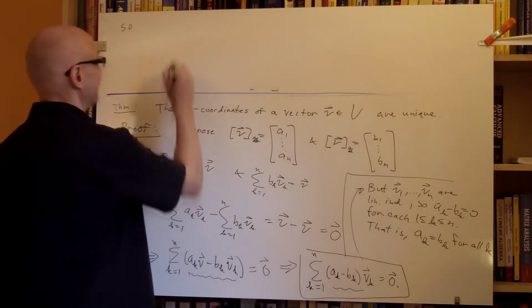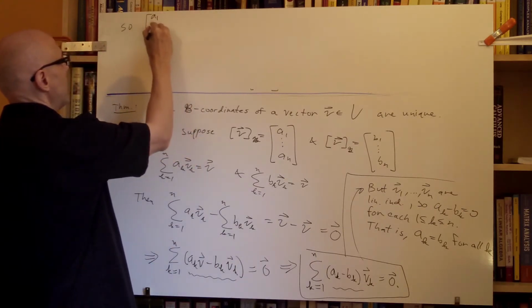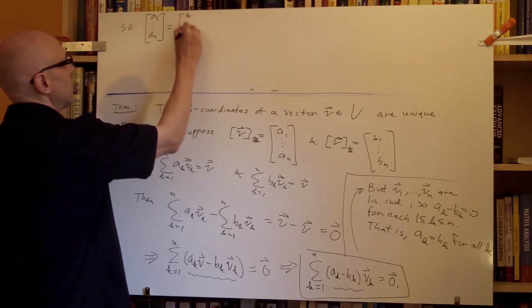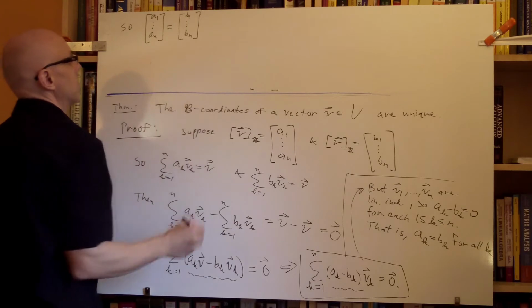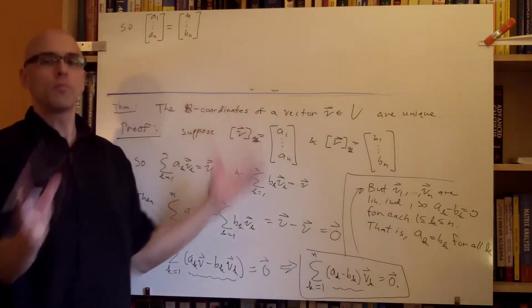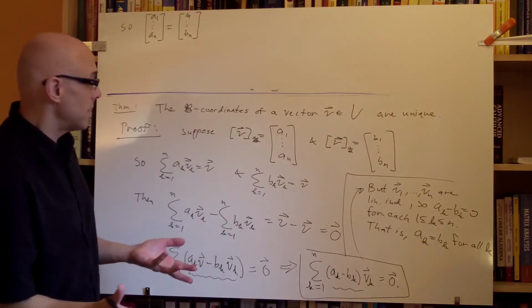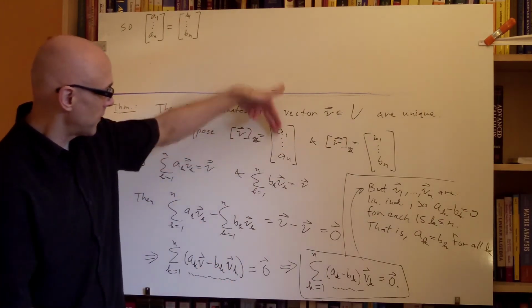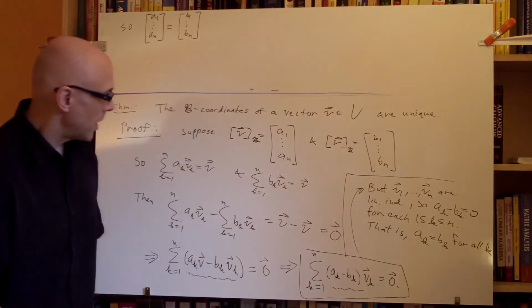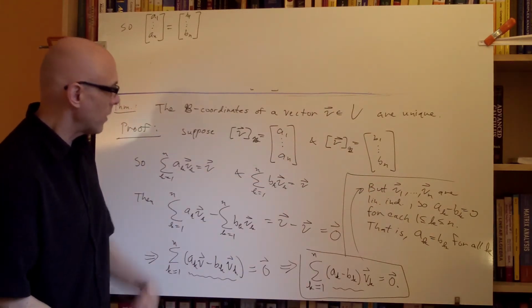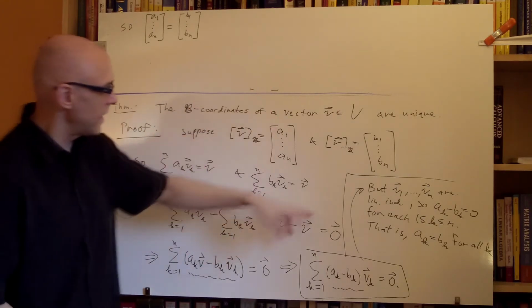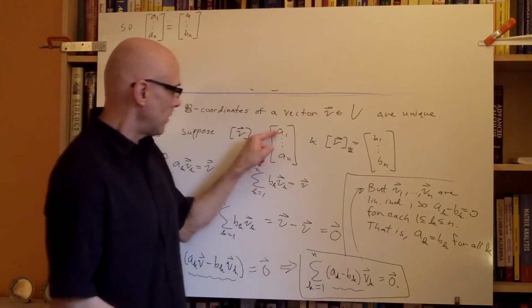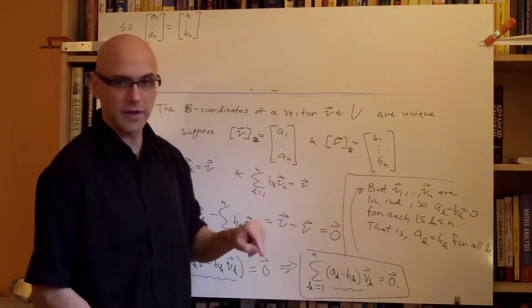So, a1 to an is equal to b1 to bn. So, if you posit that a vector in your vector space has two different sets of B coordinates, say these B coordinates a1 to an and these B coordinates b1 to bn, you find in fact that all of these values here are equal to those values over there, right?